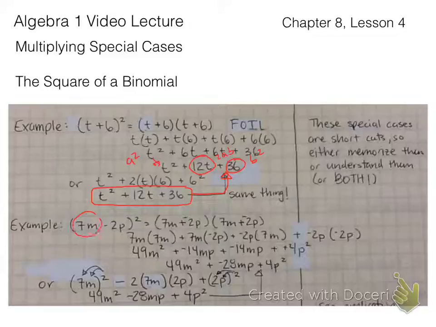It's going to be the first term squared, so 7 squared is 49, m squared is m squared. The second term in the answer is going to be the first term times the second term times 2. Well, 7 times 2 times 2 is 28, because 2 times 2 is 4, 4 times 7 is 28, and since it ends up being a negative 2 at some point, that's where this whole negative 28 comes from.